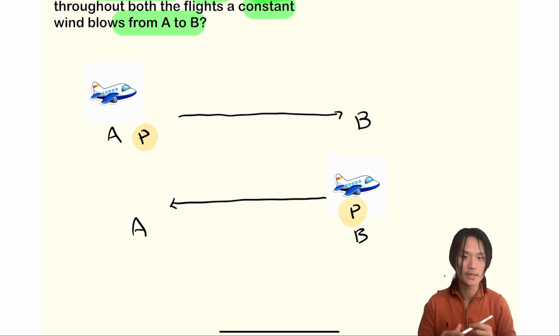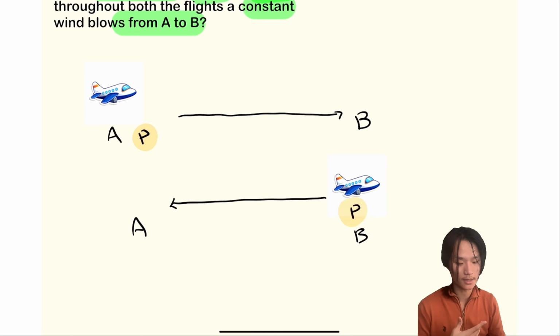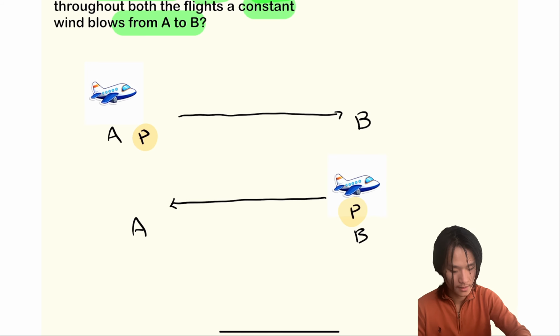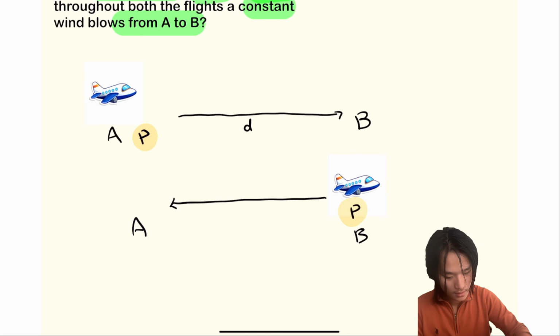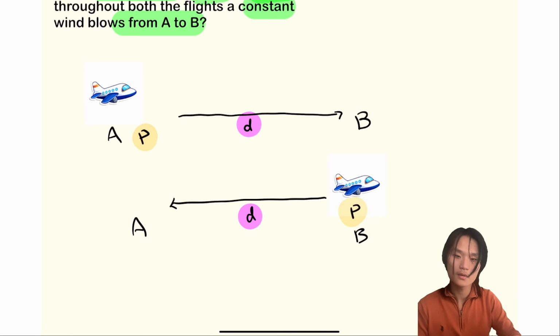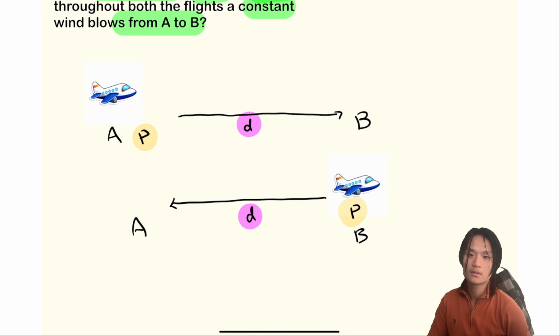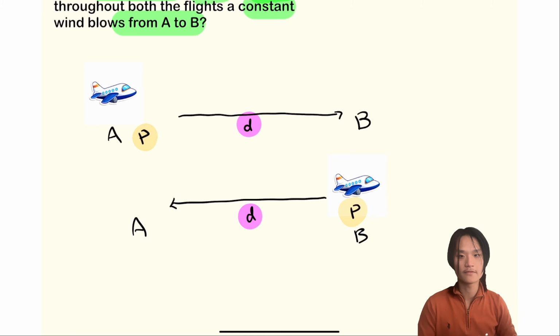And we also call the distance from A to B D, distance. So D, that is the distance, and D, that's the distance. So let's think about how we can find the time given the distance and the speed.